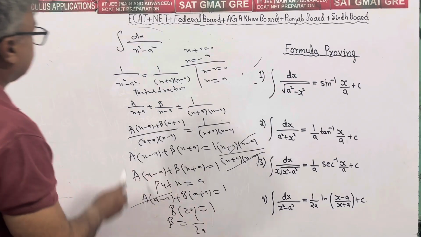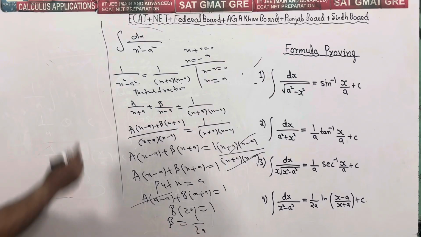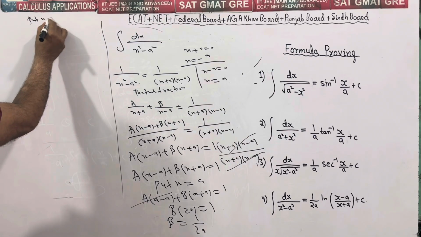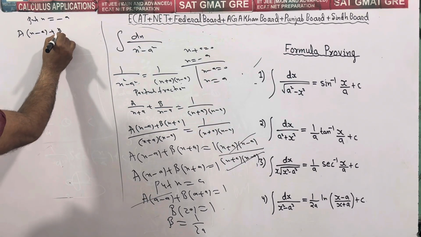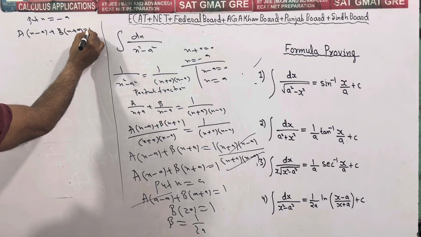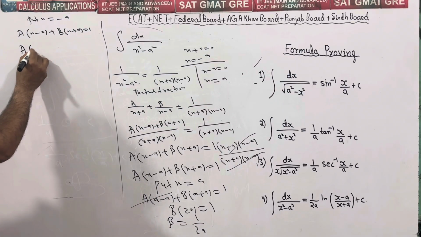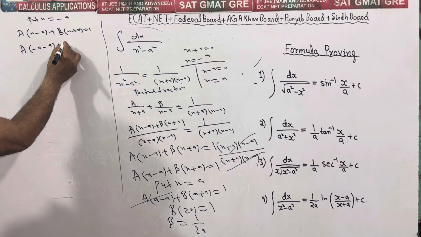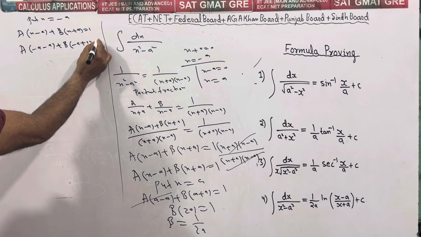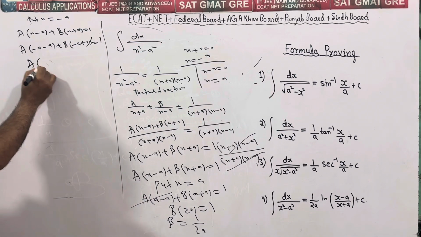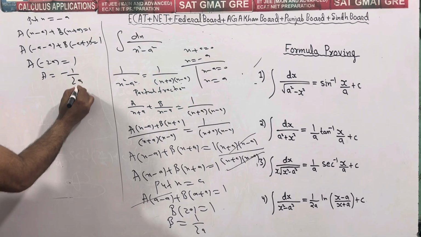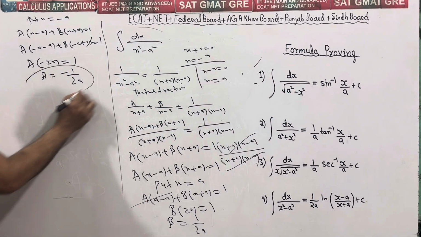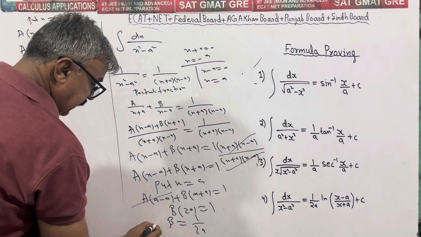Similarly, put x is equal to minus a in the same equation: A times minus a minus a plus B times minus a plus a is equal to 1. We have A times minus 2a is equal to 1, so A is equal to minus 1 over 2a. That's the value of capital A and capital B.